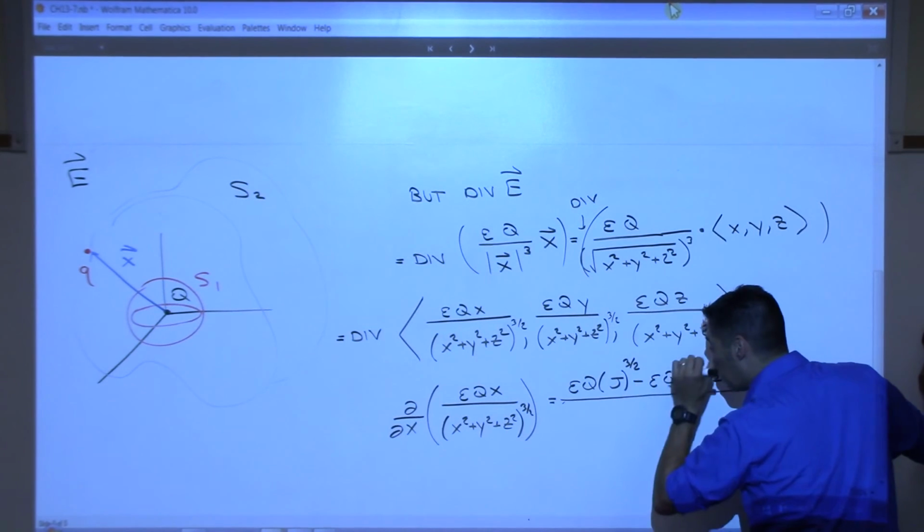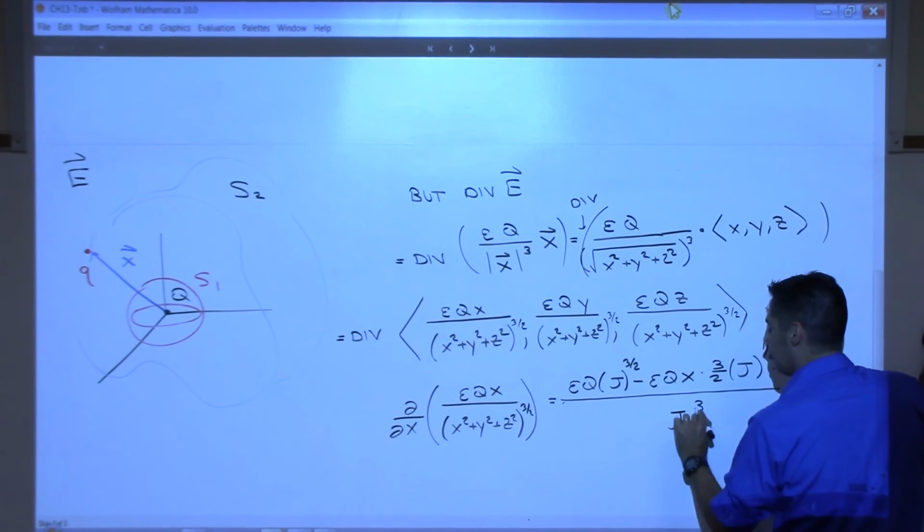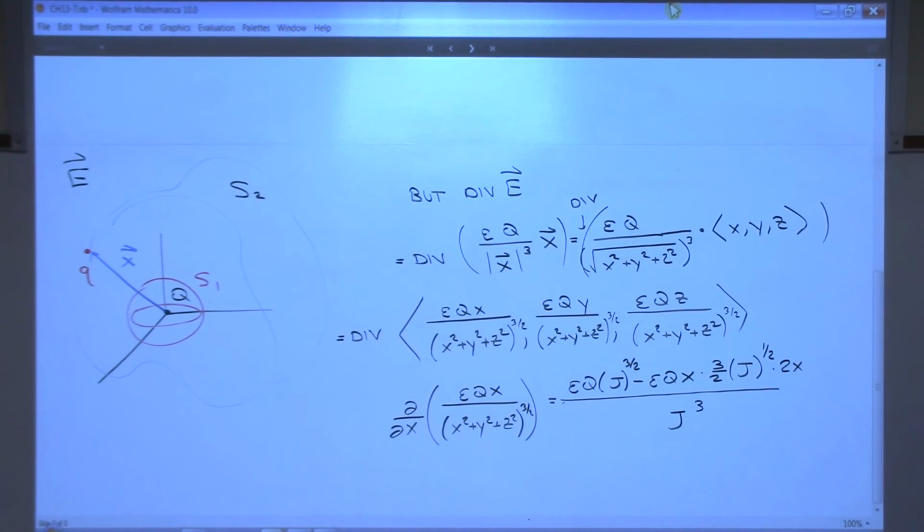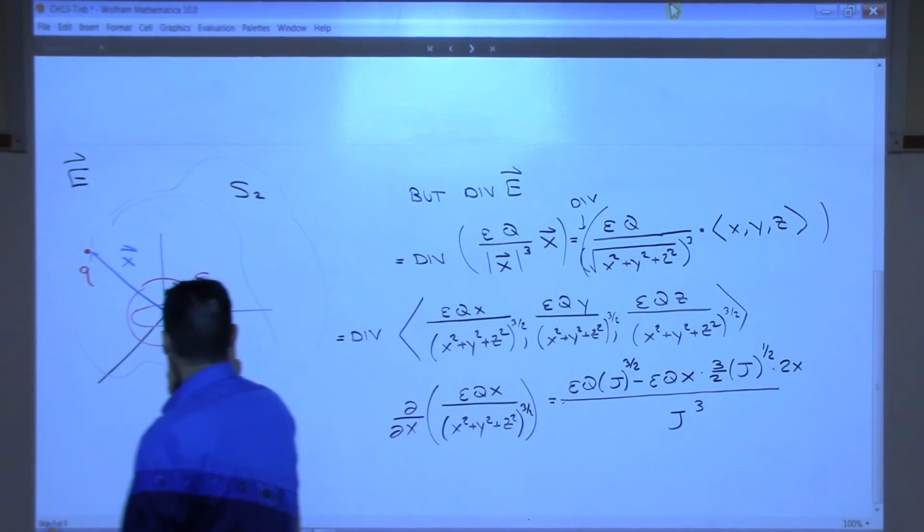When we square it, the root goes away, so you just get junk cubed. It's a lot of junk. I'll try and clean that up over here.